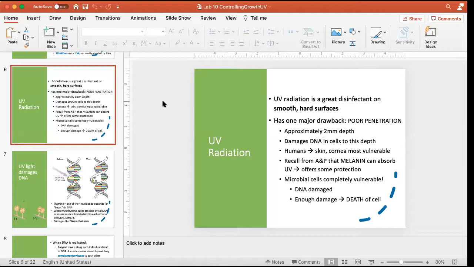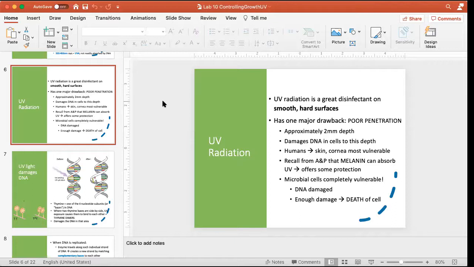And it's going to have one of two effects. First of all, it's going to damage their DNA. That's what we finished up talking about last time. And the question is, how badly damaged will it be? Because if the DNA is damaged beyond repair, the cell will die. So ultraviolet can damage microbial cells and it can kill microbial cells.